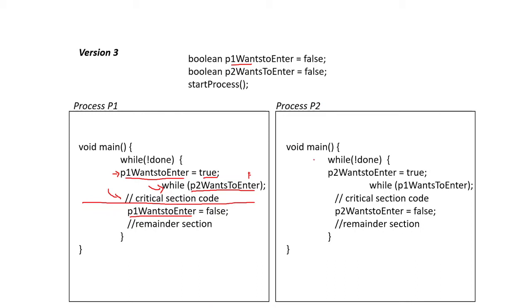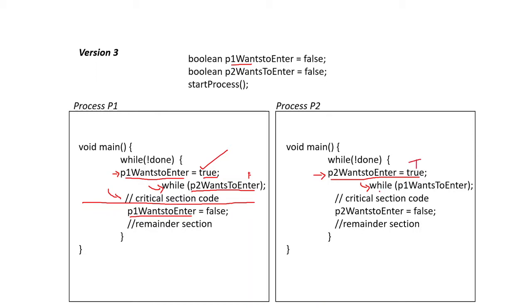Now process P2 starts. P2 also needs to enter into the critical section. Before checking, it will first set the value of its variable P2 wants to enter to true. Next it checks if P1 wants to enter is true. Now in this case, P1 wants to enter has been set to true by process P1.